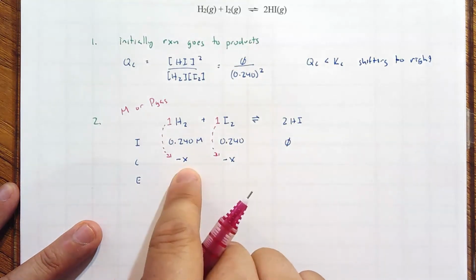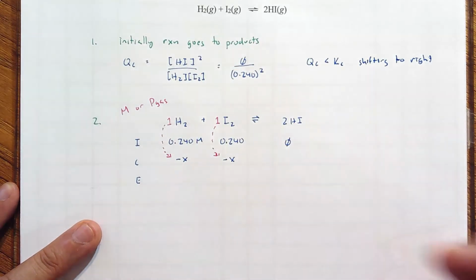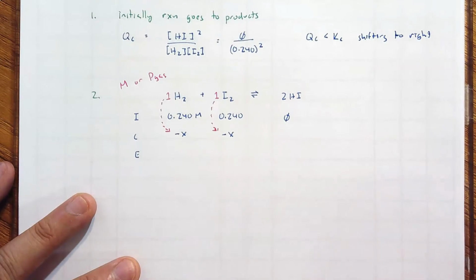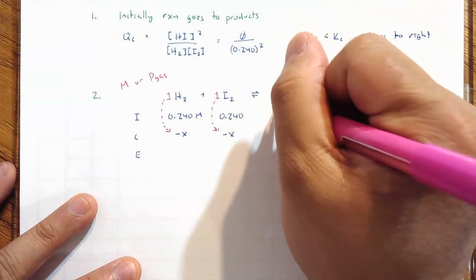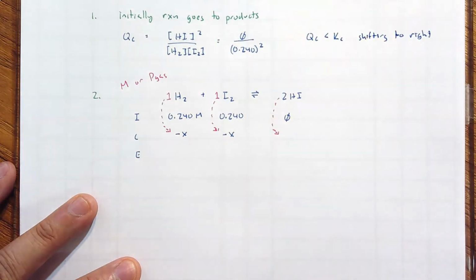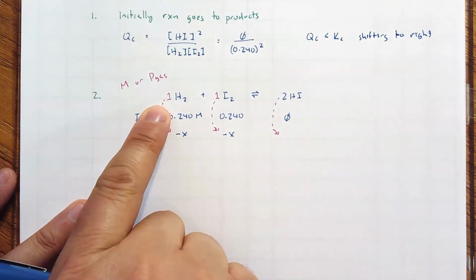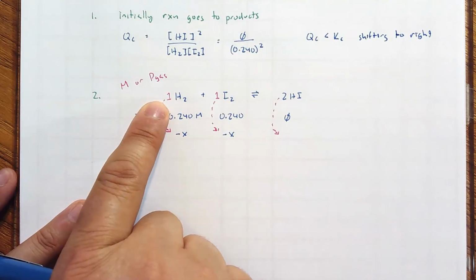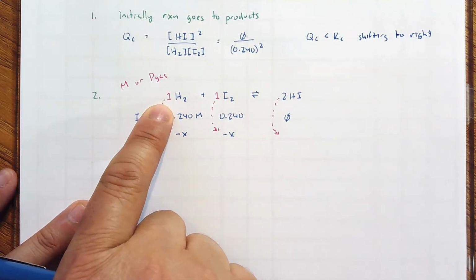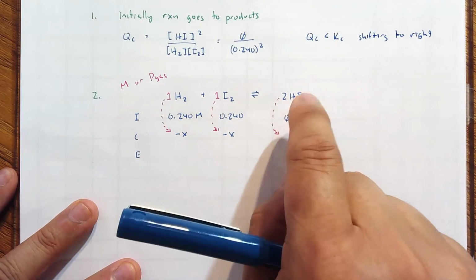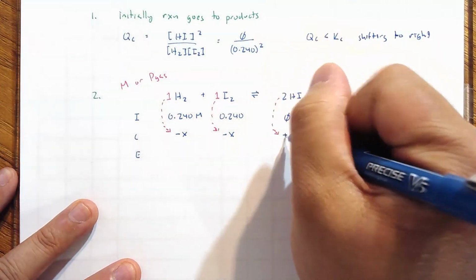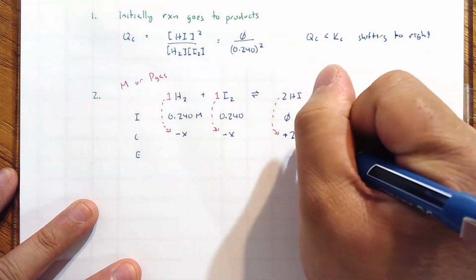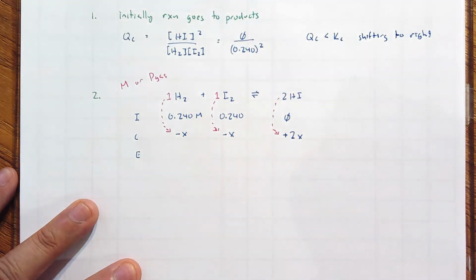1, minus 1x. This is the trick because I gotta use this coefficient because now, if you think about it, every time we lose 1 molar of H2, we gain 2 molars of HI.